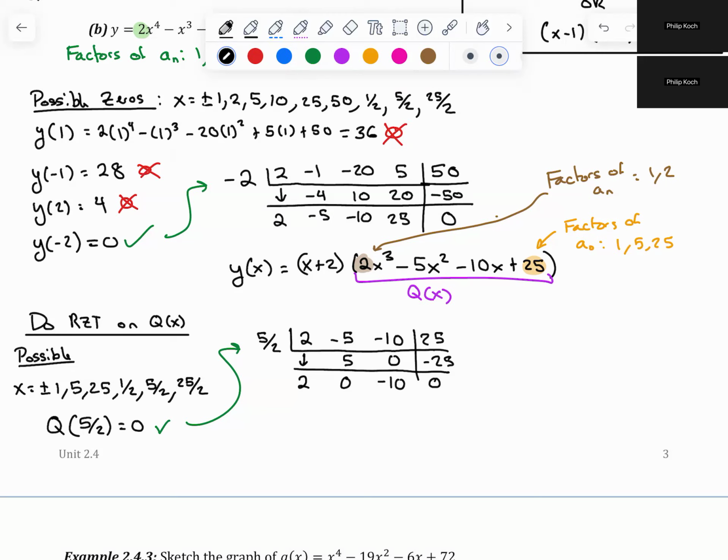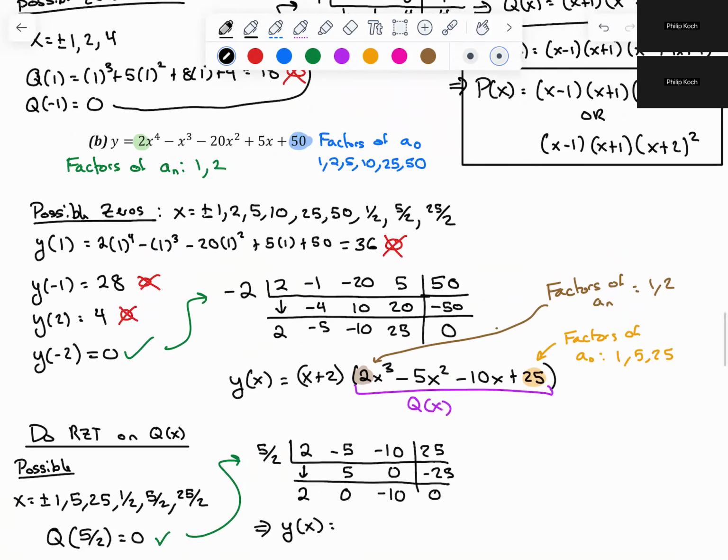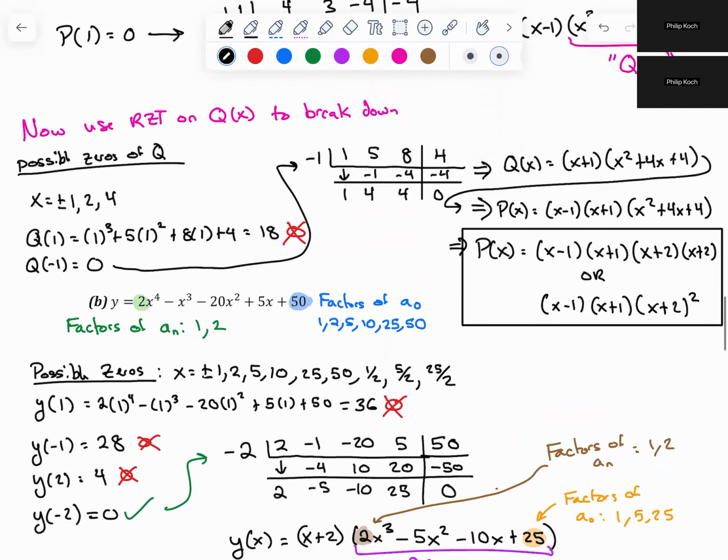And so we now know that y of x, I'm going to skip that intermediate step, I'll let you finish writing before I go on. And I know this takes up a lot of space. I wrote what Q is factored to in the first one, but now I'm just going to skip that step now that we know how to do this.